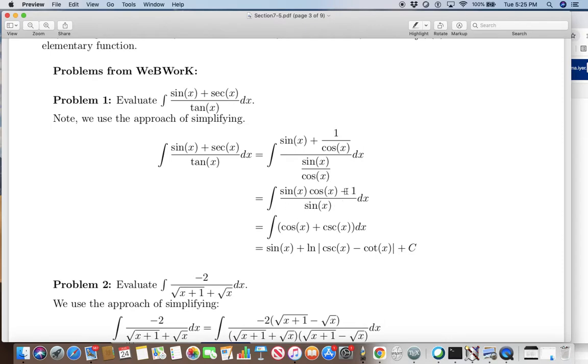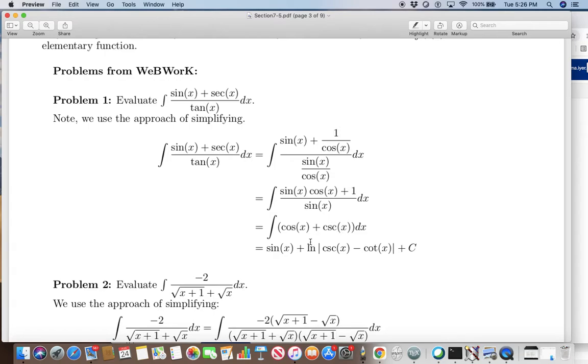Now you see there are two terms in the numerator, so why not divide? Sin x cancels, and you are left with cosine x plus 1 over sine, which is cosecant x. Fortunately, the integral of cosine is straightforward, sine, and the integral of cosecant is straightforward.